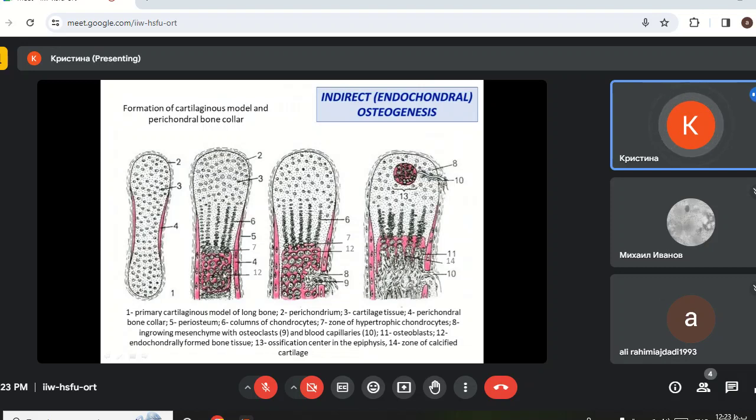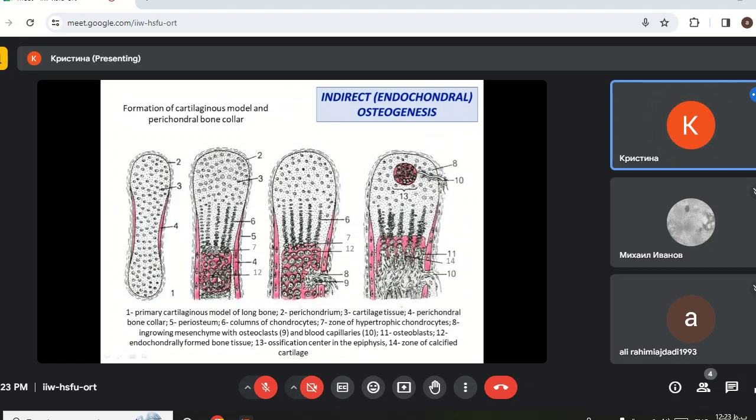The way how the cartilage dies is very interesting. The cells become larger in size, they become hypertrophic, and the extracellular matrix of the cartilage becomes calcified. It becomes hardened.